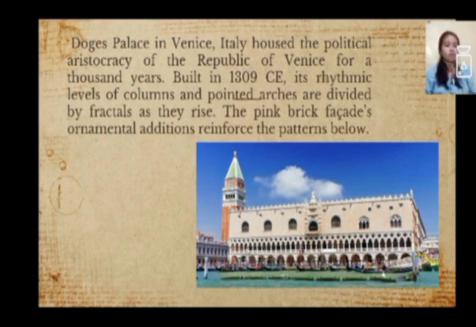So in this architectural design, the political aristocrats of the Republic of Venice were housed for 1,000 years. It was built in 1300 CE. Its design is very beautiful.